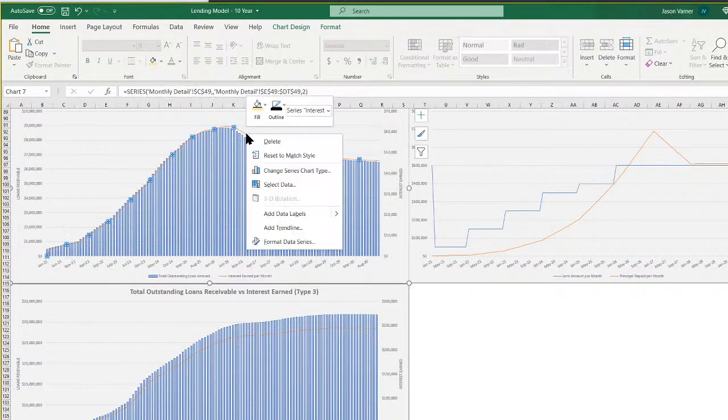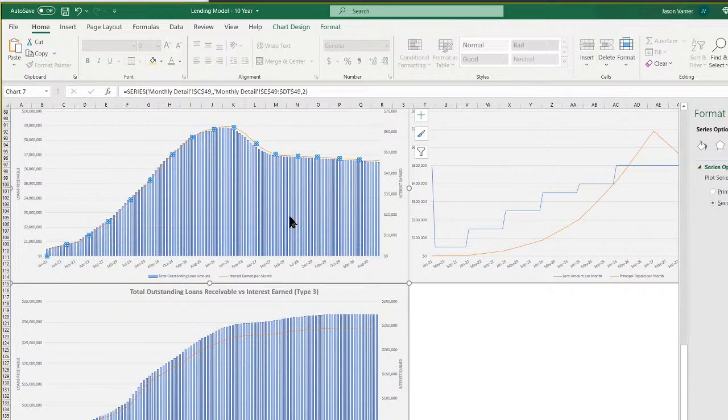I need to make this a little bit thicker. Line thickness. Let's go a little bit thicker and make it black. So 2.25 in black.